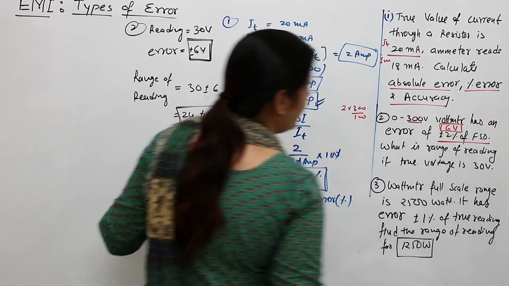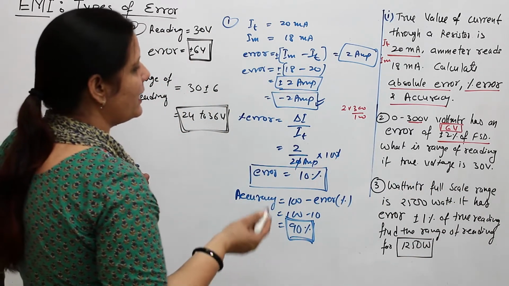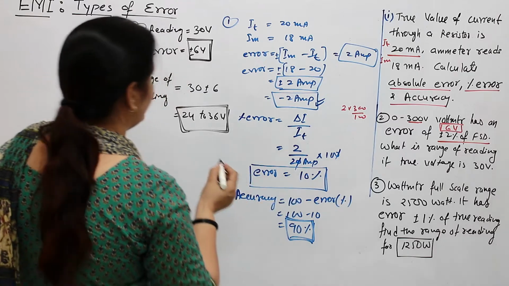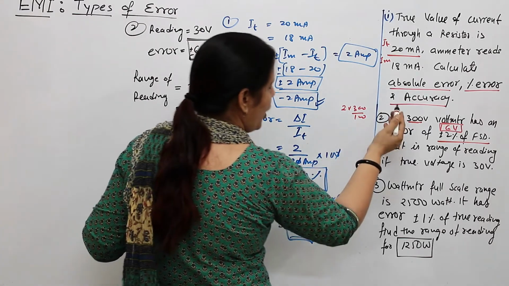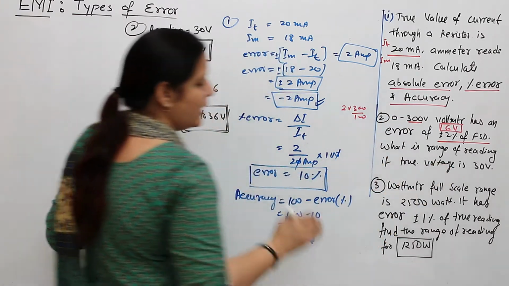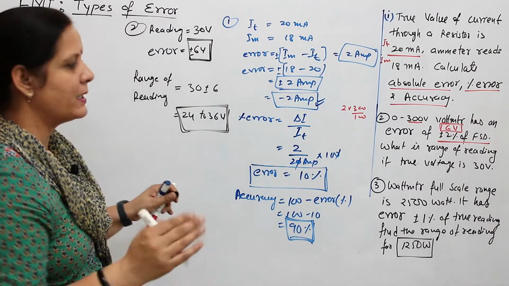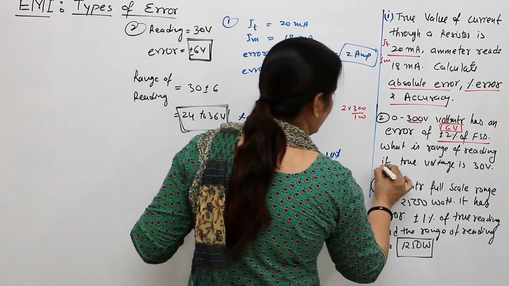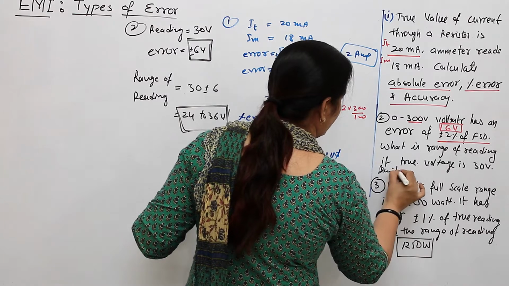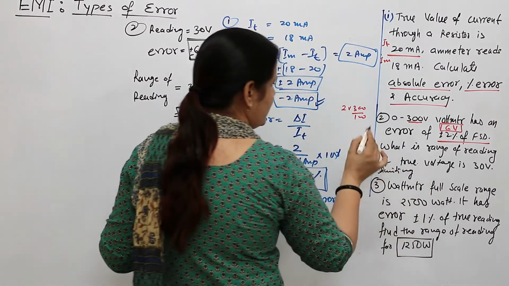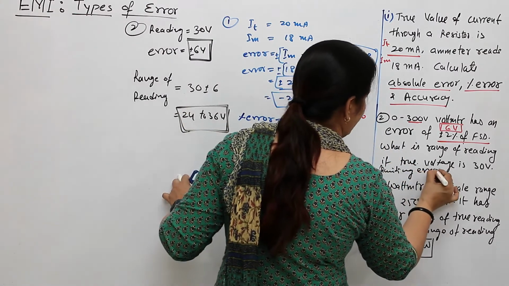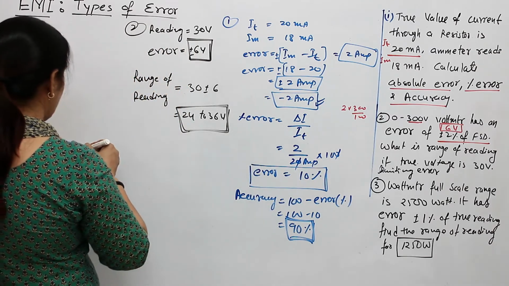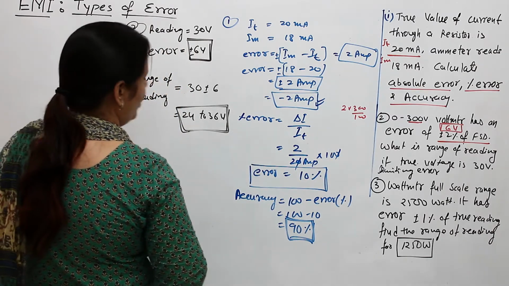Here the examiner is not asking about the limiting error, but there may be an extension. The options may be that the limiting error is 10%, 20%, 3%, 5%. I think the statement may say the limiting error is, with options A, B, C, D. So we calculate the limiting error also.